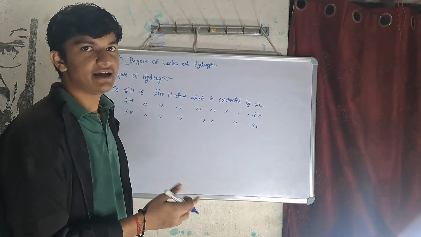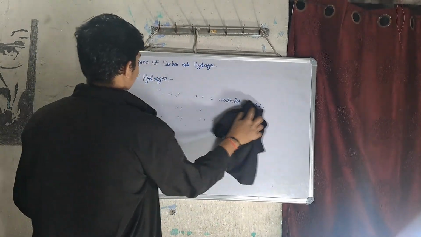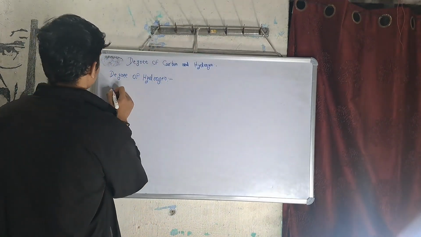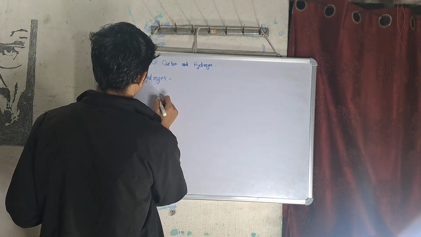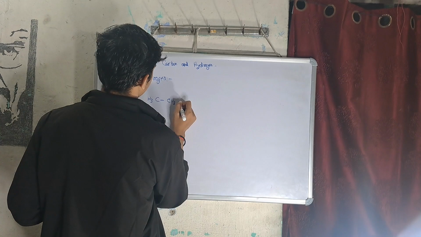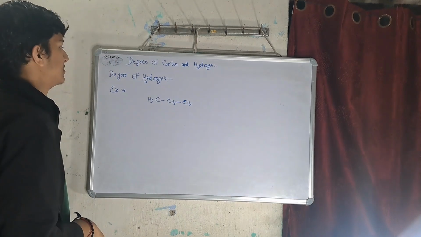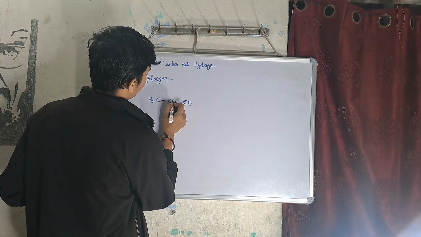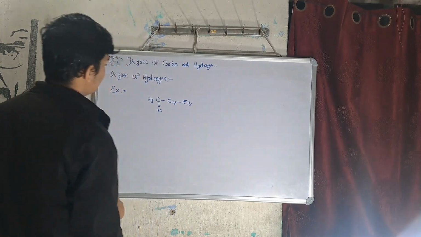Now we will take some examples. This is a basic example. Let's consider a chain. Here we see that this carbon is connected to 1 carbon, so this is 1 degree carbon.